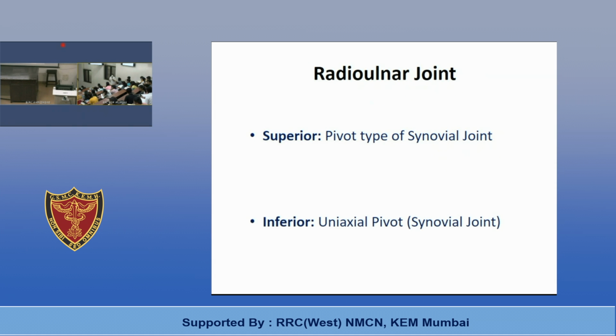Middle radioulnar joint is fibrous. What type of fibrous? Again, you have classification in fibrous type of joints. Syndesmosis. Yes, correct. And inferior is again pivot type of synovial joint. So, superior and inferior are pivot type of synovial joints, whereas middle one is fibrous, the syndesmosis.